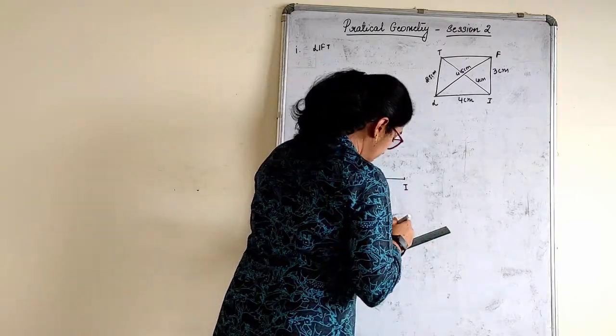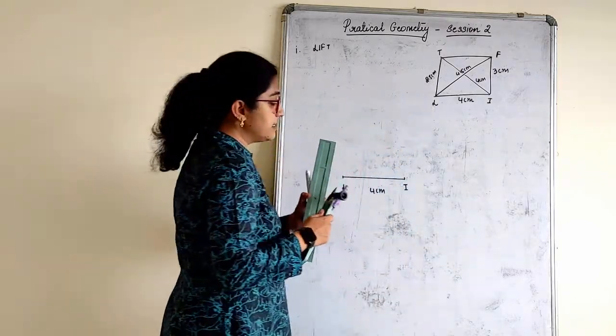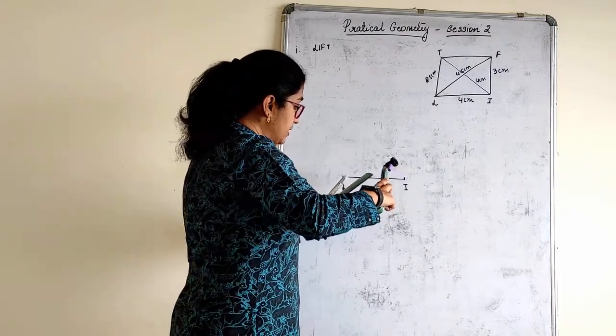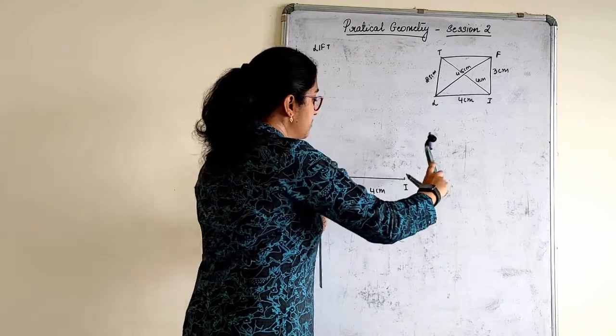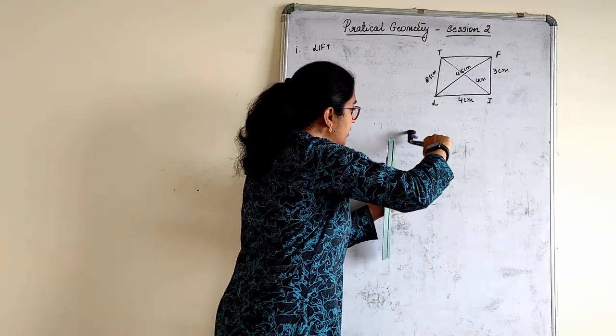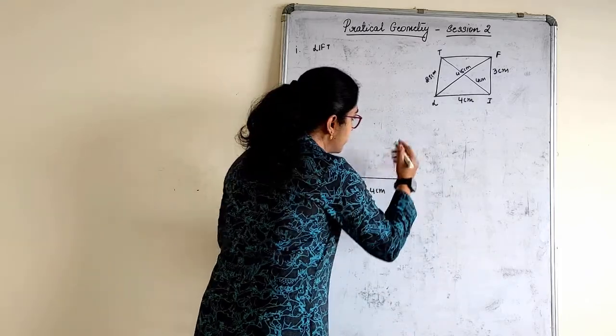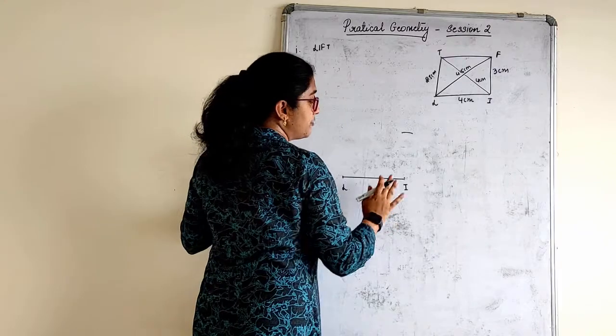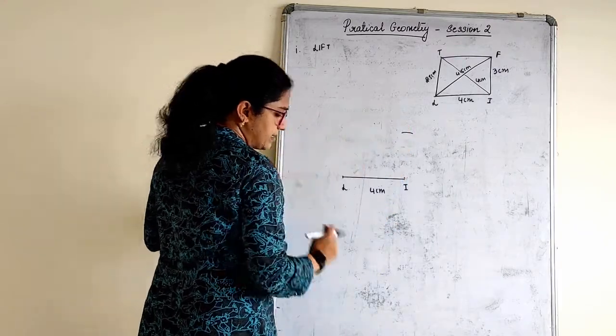One is 3 centimeter and another is 2.5 centimeter. For 3 centimeter, let me keep my compass at point I and cut an arc for 3 centimeter. The cutting is done here. I can't mark any point there, but that is for 3 centimeter. Keep that as it is.